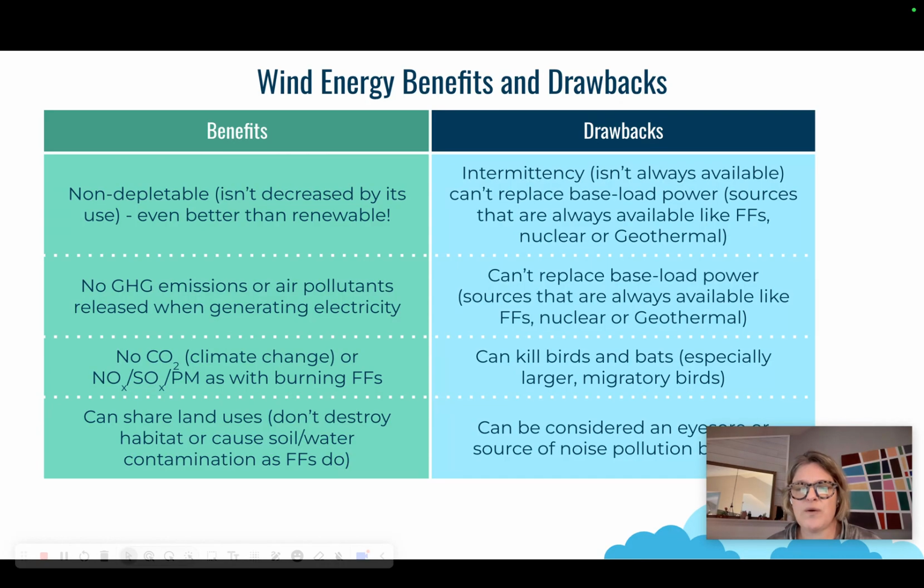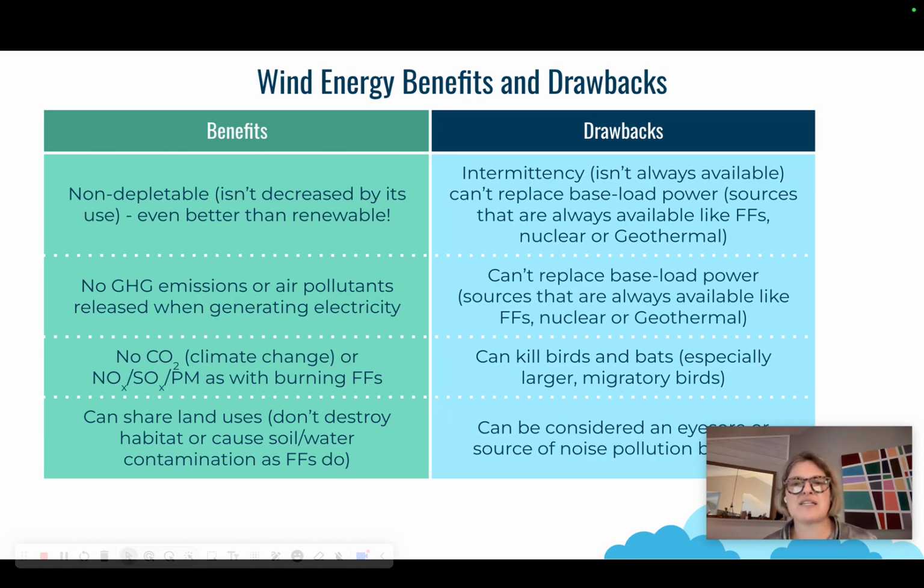So the wind isn't always there, right? Even in windy locations, it's not 100% of the time there. So just like sunlight, there's that intermittency problem. And it can't replace baseload power sources like fossil fuels and nuclear and geothermal sources. It can't replace baseload power sources that are always available. So we talked about that, and that's mentioned twice.